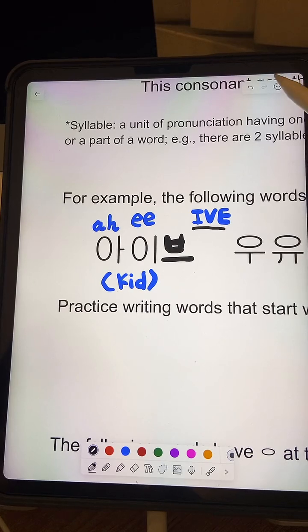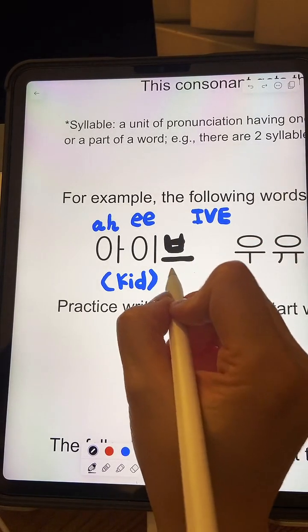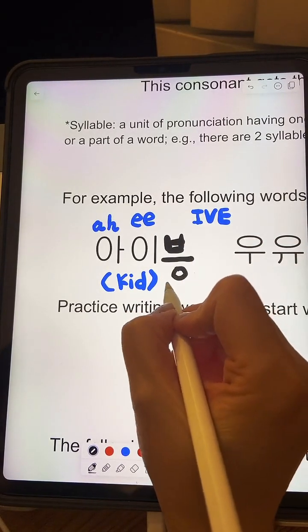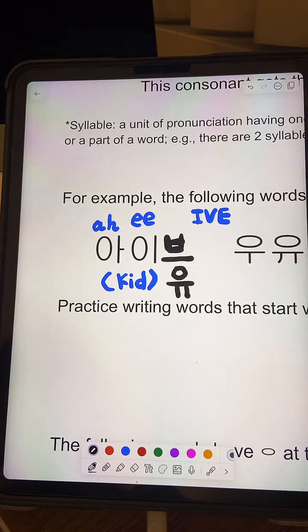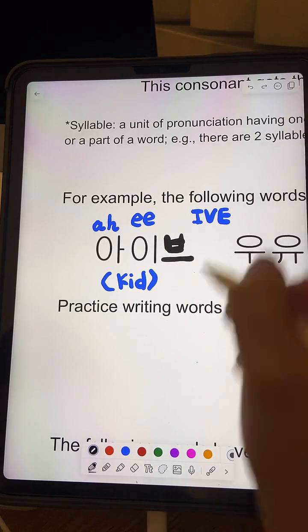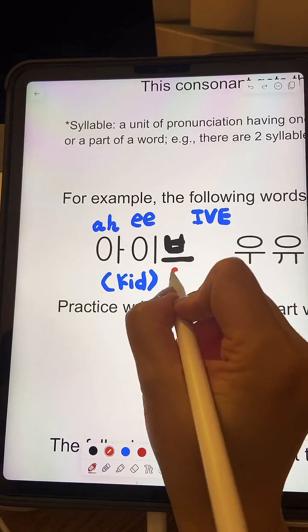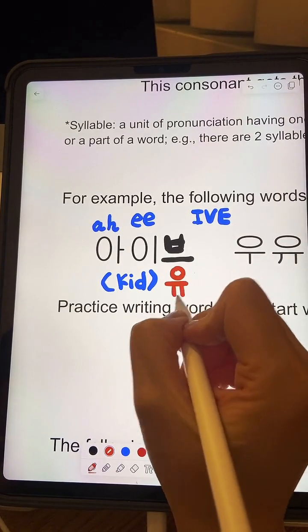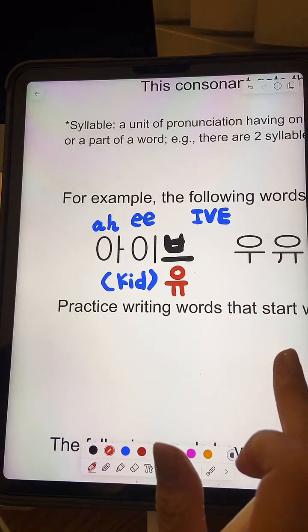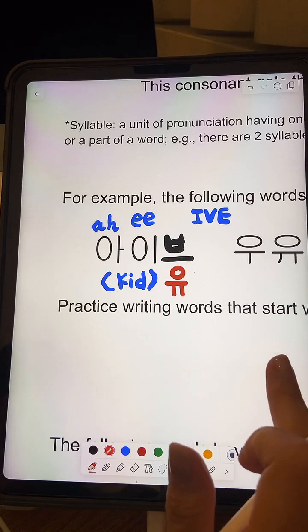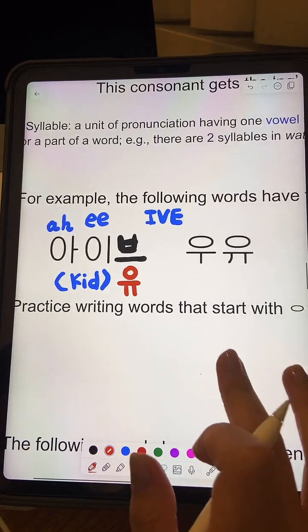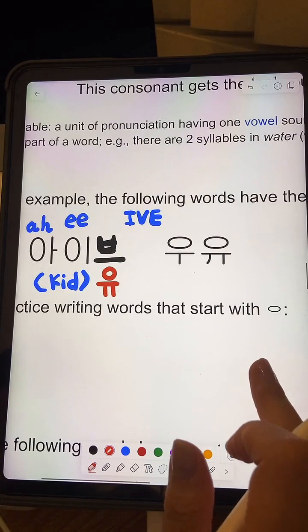Anyone know the singer IU? Her name would also start with I, but it would be U. IU. 네. IU is very popular. She's also doing great as an actress, right?